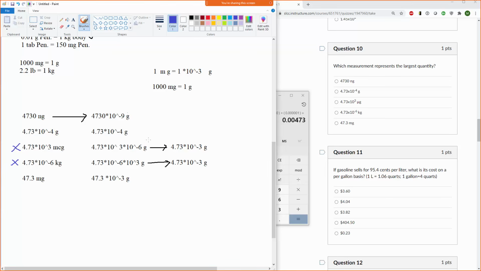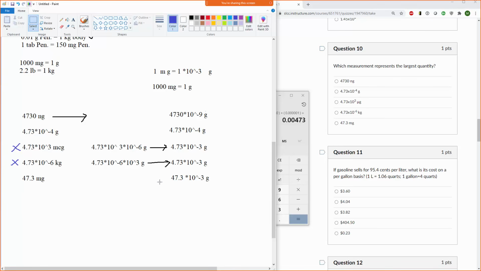All right, let's compare that to the other ones that we've got here. We still aren't comparing perfect apples to apples because we don't all have the same power of 10, right? These are both the same power of 10. This one is also.